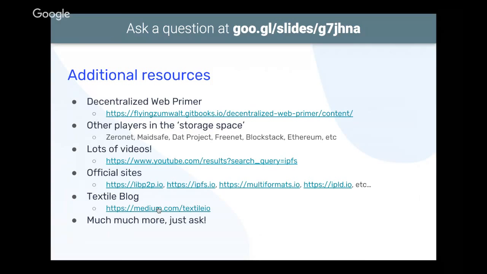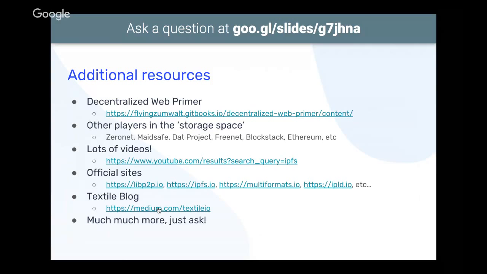A lot of the material that we're covering in this tutorial series is also available on the Textile blog, medium.com/textile.io. We've got a bunch of tutorials, examples, and announcements about what Textile is up to.